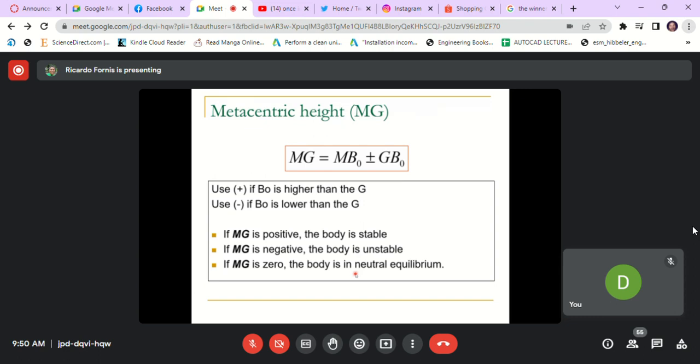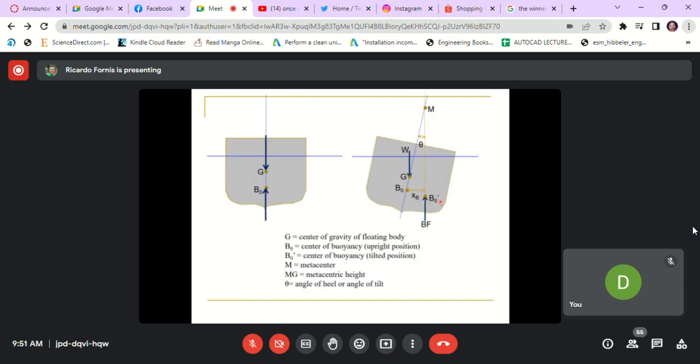If we go back to the figure, let's consider an MG which is negative. Because MG is calculated as MBO minus GBO, there's a possibility that the MG is negative.